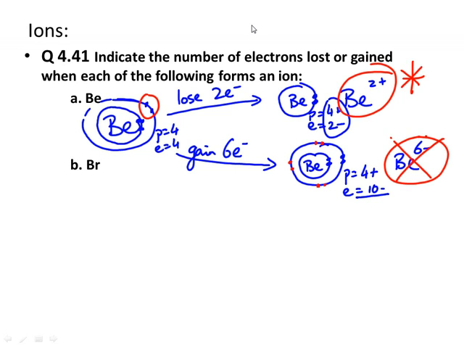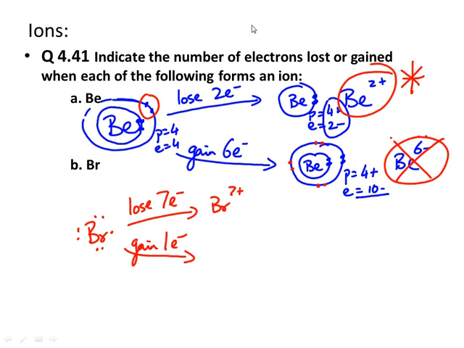Using the same logic for bromine, once again, bromine has 7 valence electrons to start with. It could either lose all 7 electrons, and if it did that, it would make a bromine 7+ cation, or it could gain 1 electron, and if it did that, it would have a bromine -1 anion.